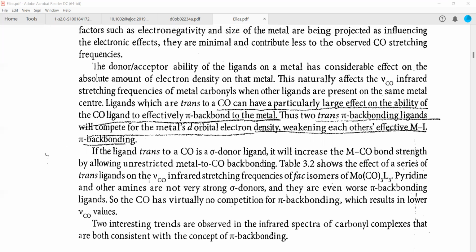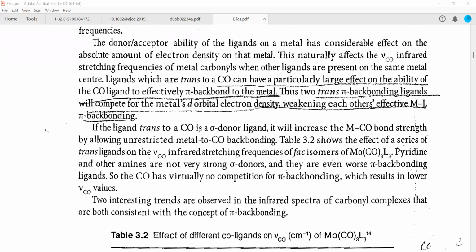That is, I think, clear. Now, if the ligand trans to carbonyl is a sigma donor, then the metal-carbonyl bond strength will increase, as more pi back donation is happening. But if the trans ligand is a pi acceptor, then it will decrease the bond strength between the metal and the carbonyl. That can easily be seen from the stretching frequency in IR spectroscopy.